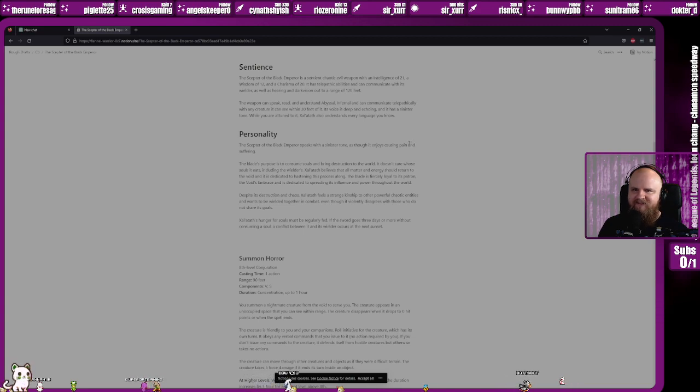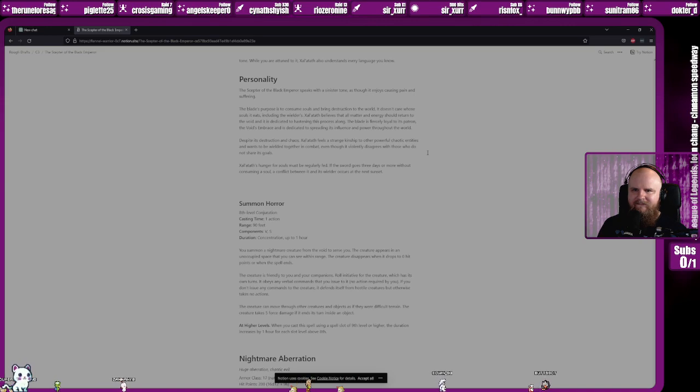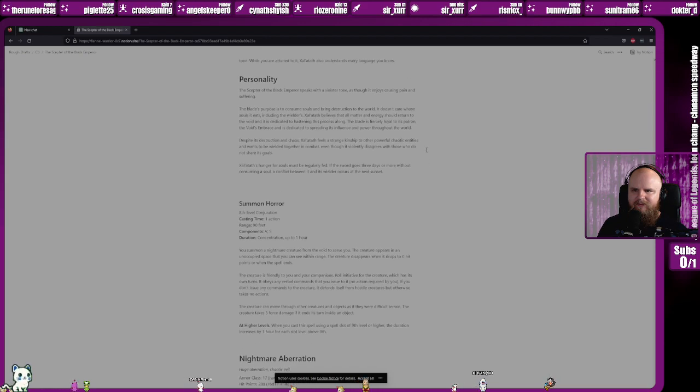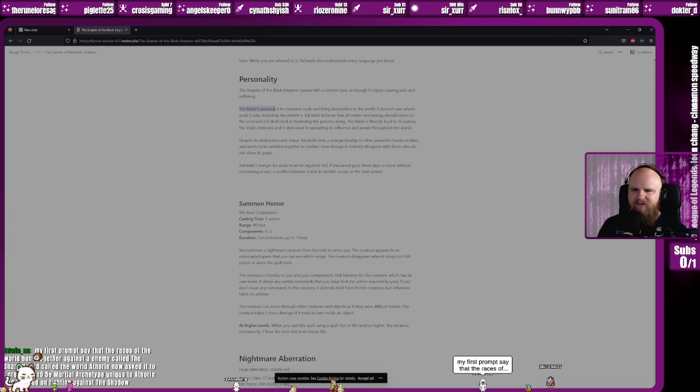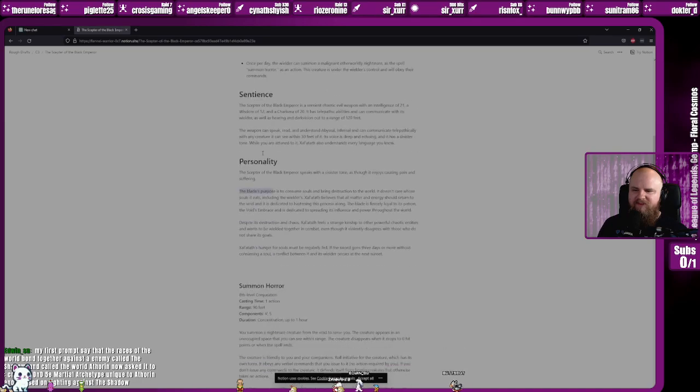Sentient chaotic evil weapon with an intelligence of 21. It refers to it as the blade's purpose here, which I think is a little bit of a mistake, but I think it's still referring to the staff.